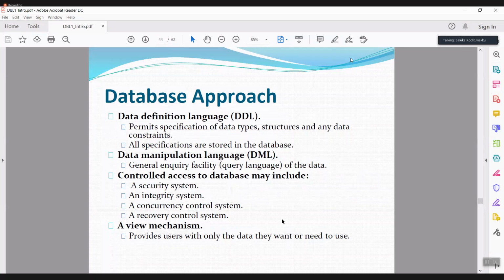This SQL generally consists of 2 language components. One is called data definition language, or DDL, and the other one is the data manipulation language, DML. Generally, the data definition language facilitates the construction of the database.